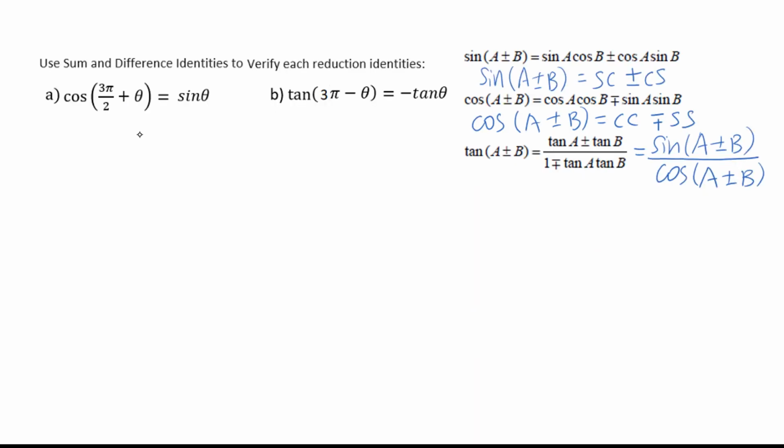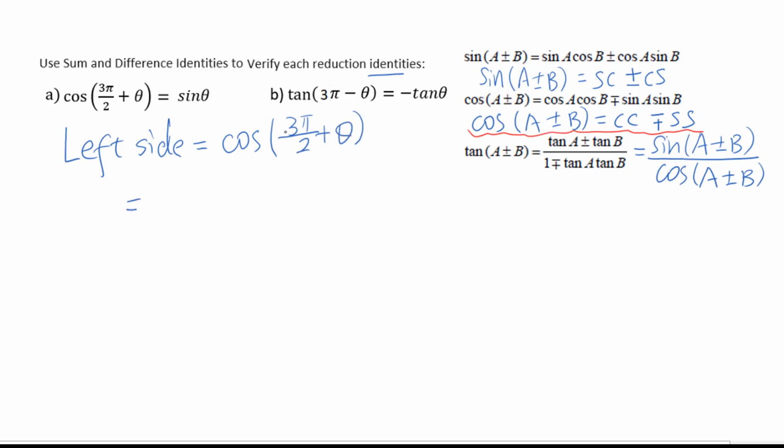Let's go to example. Use sum and difference identities to verify each reduction identity. Look at A. Cosine 3 pi over 2 plus theta equals sine theta. So we will write down the left side equals cosine 3 pi over 2 plus theta. For this, we will use this formula.